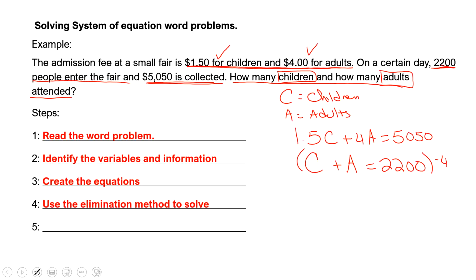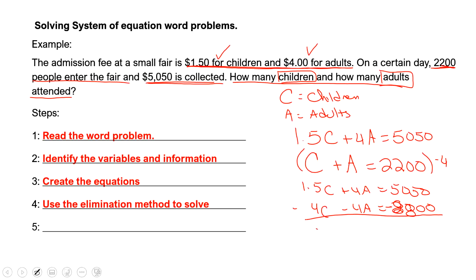So that's going to give me my first equation: 1.5C plus 4A equals 5,050. Multiply the bottom by -4, I get -4C minus 4A equals negative 8,800. We add those together.